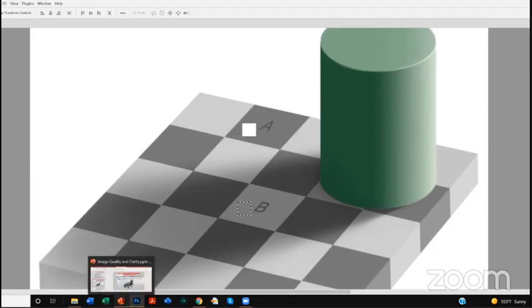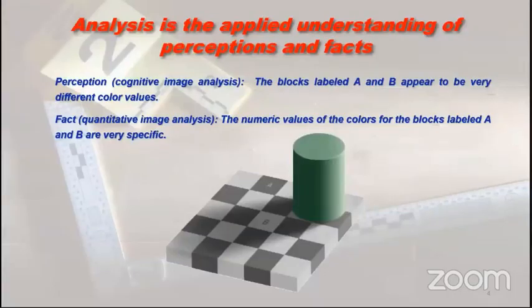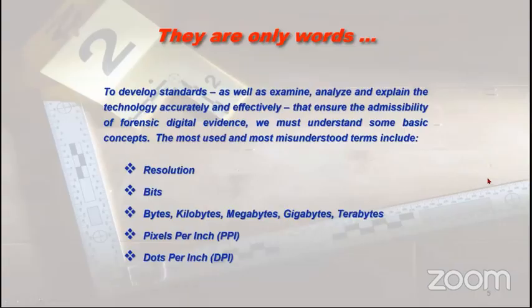So as we go back to talk about this process, we want to make sure that we are understanding the differences between perception as well as fact. Now, when we're talking about these different perceptions and facts, we have some key words that we must understand to help us explain this technology.